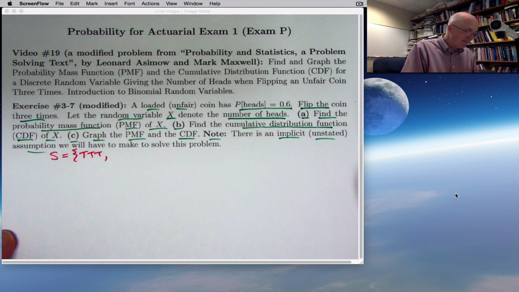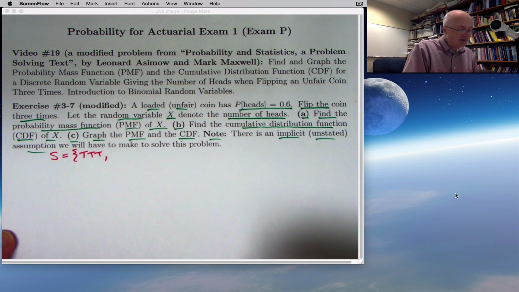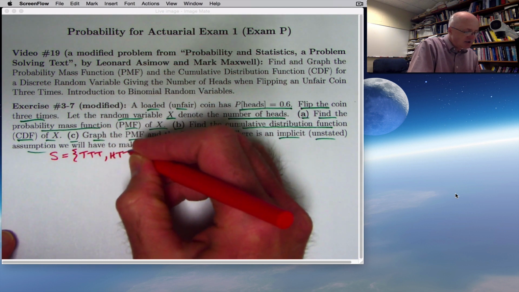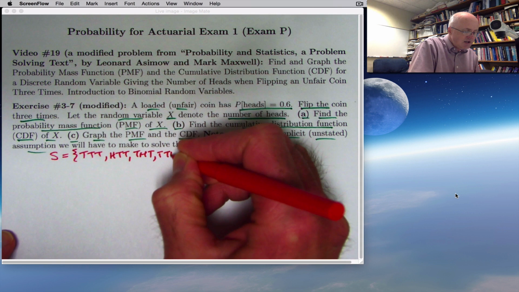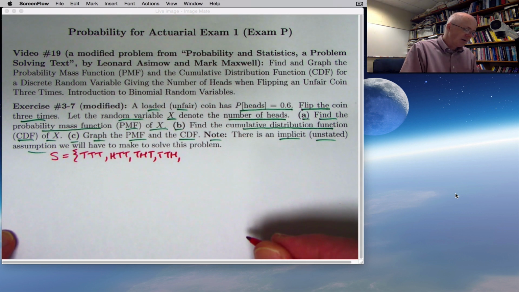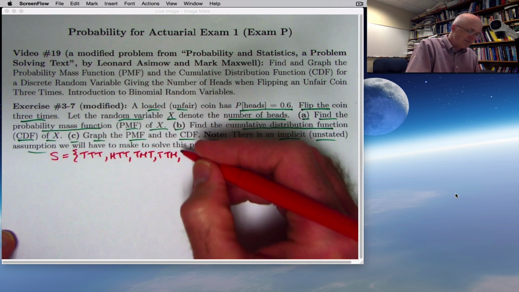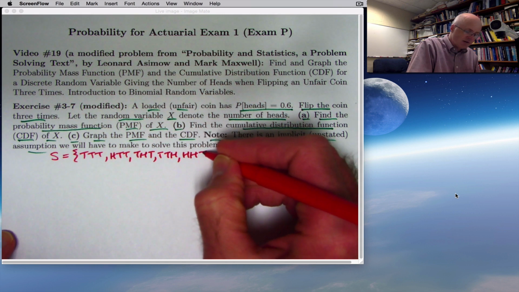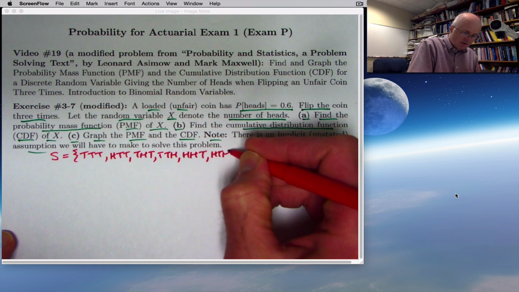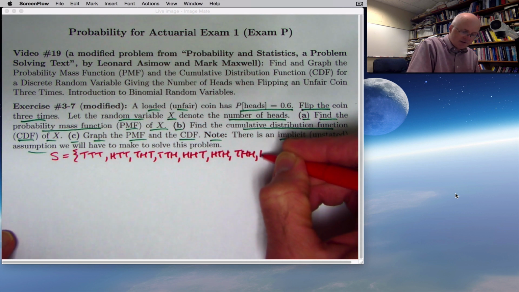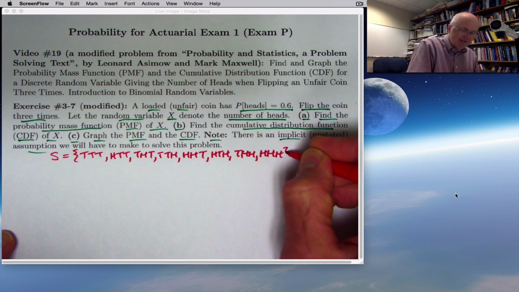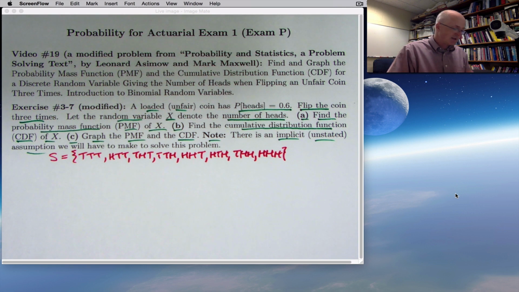You could get 1 head and 2 tails, but that can occur in 3 different ways: HTT, THT, and TTH. You could also get 2 heads and 1 tail, and that could occur in 3 different ways, like this. Or you could get all heads. That's the sample space for this experiment, based on thinking in terms of the outcomes of each flip.